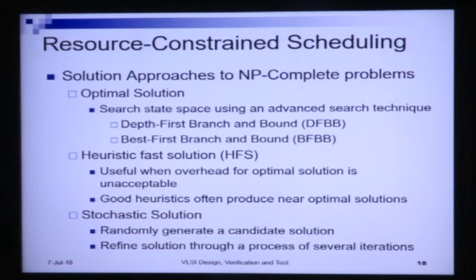Hence, if the problem is NP complete, then we have different types of strategies to solve it. The optimal solutions can be obtained by various mechanisms. For example, we can formulate the whole problem as an ILP, and then we have ILP solving tools to solve such ILPs and get the solution.